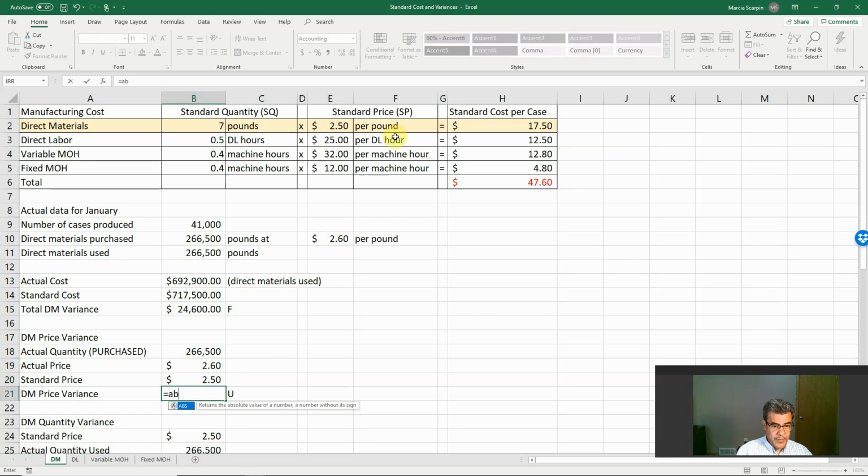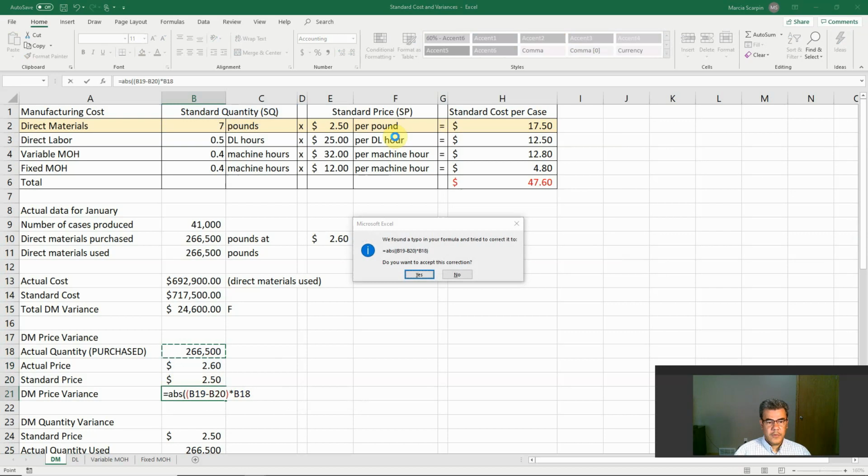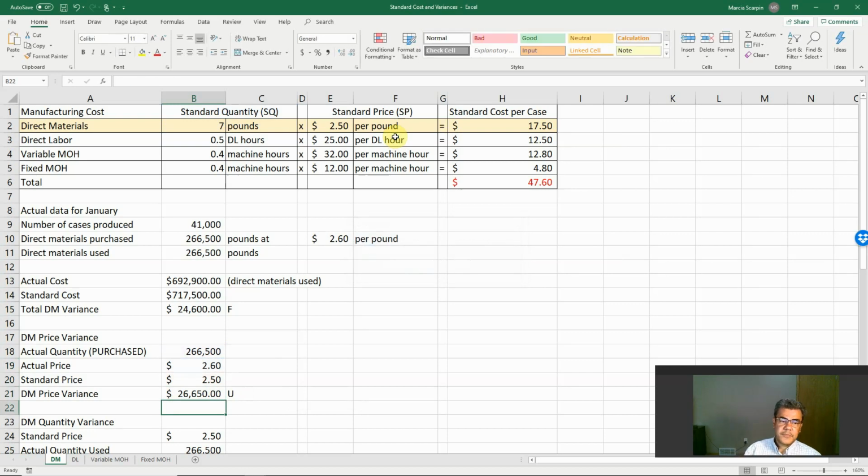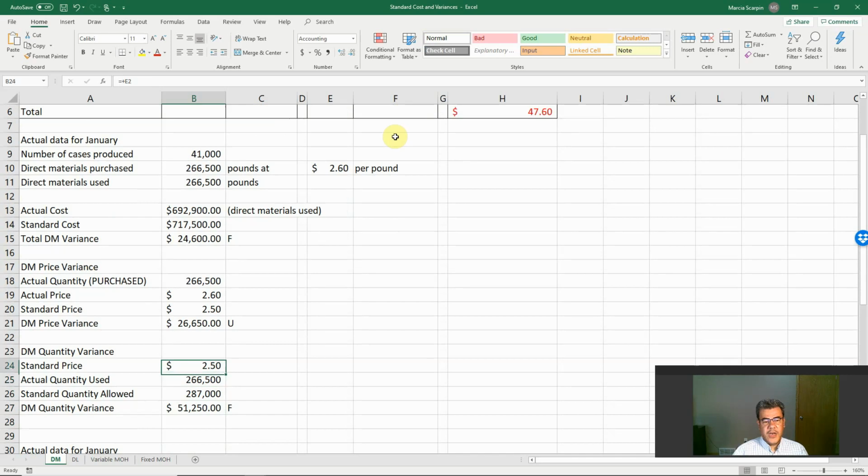So our price variance, absolute, again, actual less standard times quantity. So here, unfavorable 26.6 thousand dollars.